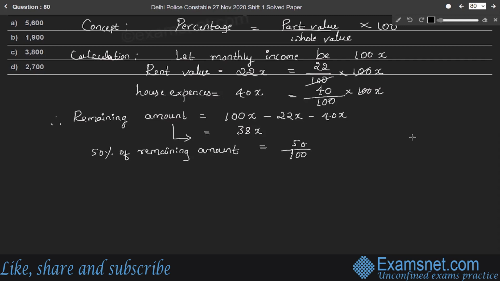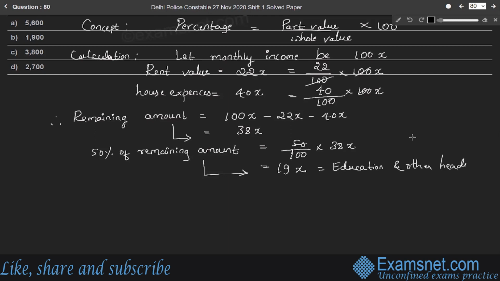If 100 is the remaining amount, 50 is for education and other heads. Therefore, if 38X is the remaining amount, it becomes 19X. So this 19X is for education and other heads.